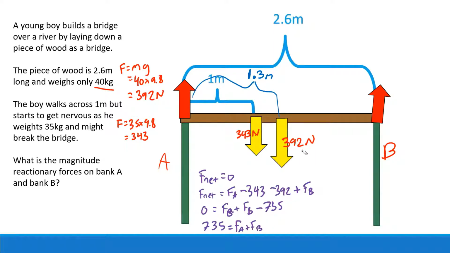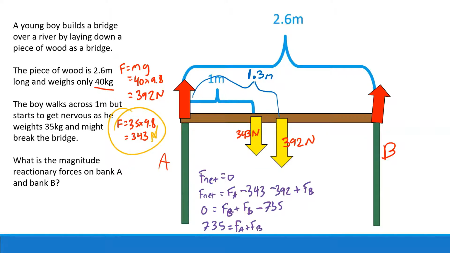That force there, 392, is the force of gravity on the beam. But the beam is not the only thing we have to deal with. The boy also walks out onto the bridge, and the boy weighs 35 kilos. So if we calculate 35 times 9.8, that gives us 343 newtons. So that's another force downwards.